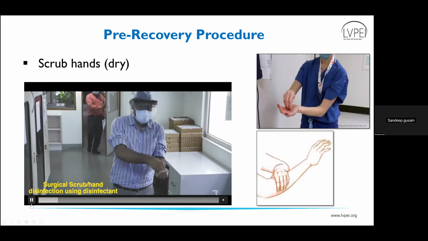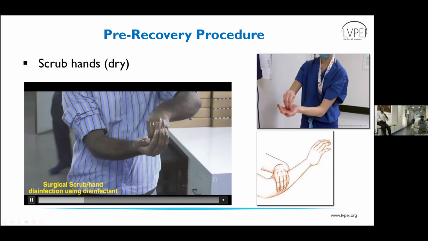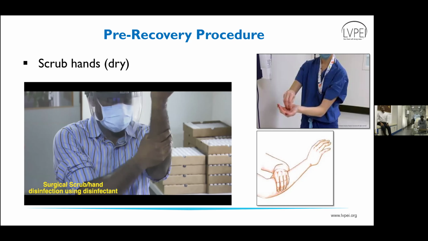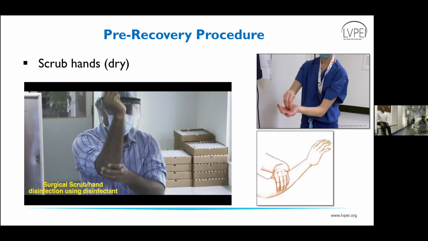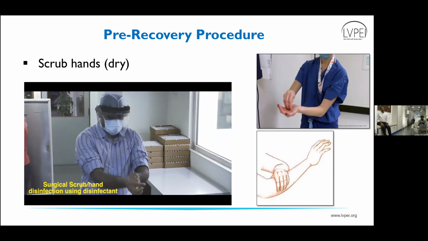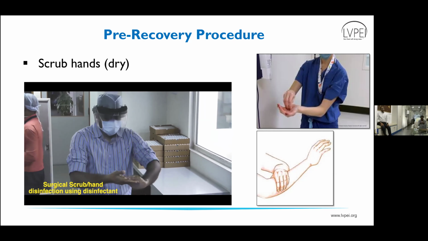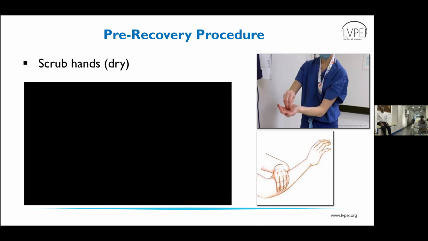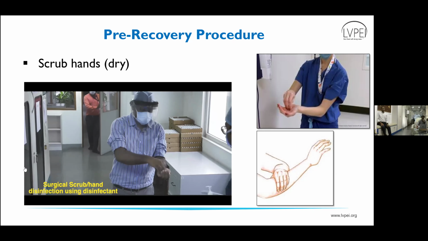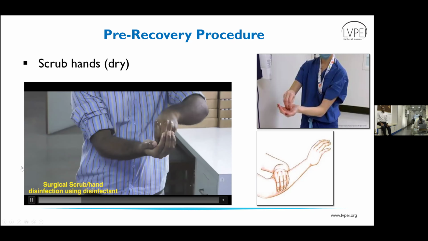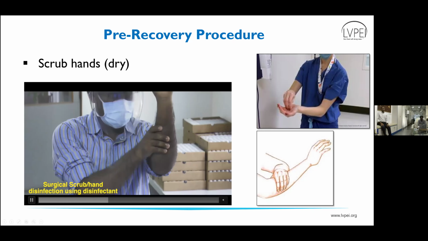So this is how we need to do our hand scrub. We put the surgical spirit in one hand and dip the fingernails into it. Then, with both hands, go palm to palm, back of the palm, and fingers interlaced, and the entire hand has to be contacted with the surgical spirit up to the elbow.